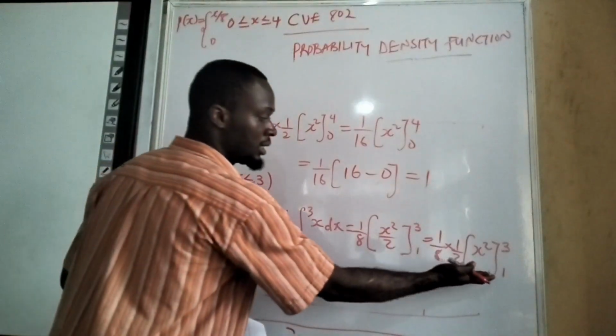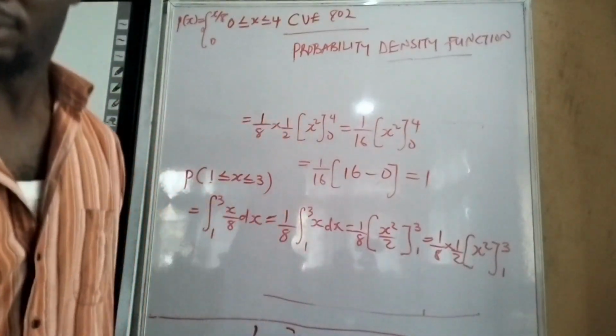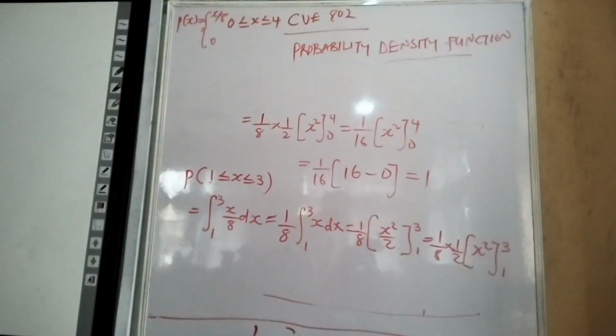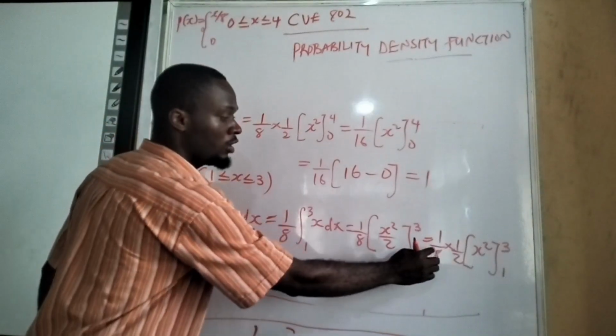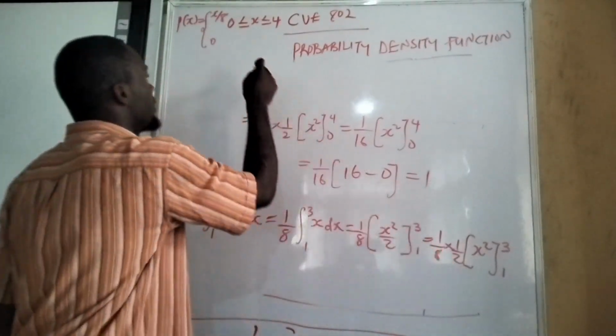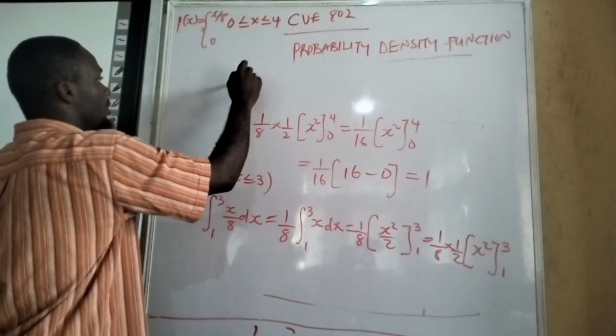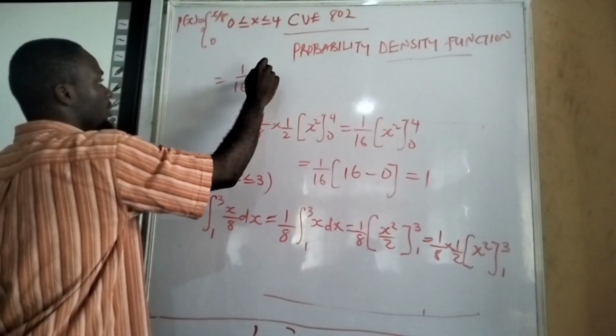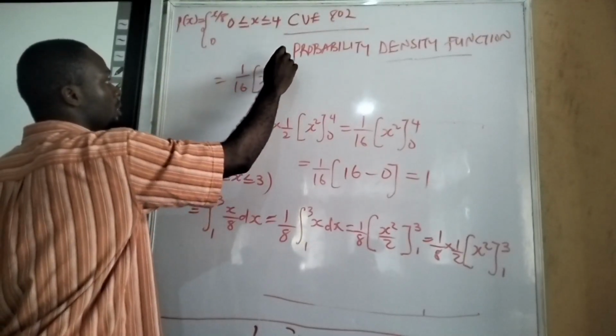Since we've gotten this now, 1 over 8 times 1 over 2 is 1 over 16, s squared from 1 to 3.